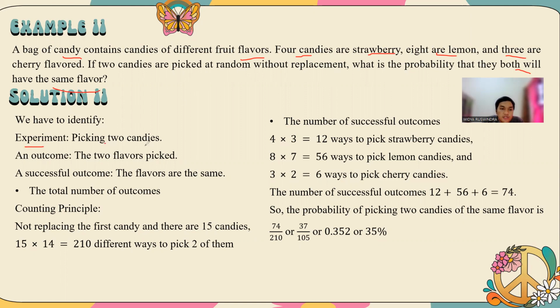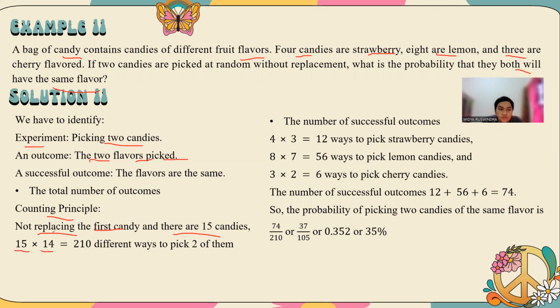So for the solution, we identify from the question: the experiment is picking two candies, the outcome is the two flavors picked, and the successful outcome is that the flavors are the same. We know the total number of outcomes by the counting principle, not replacing the first candy.